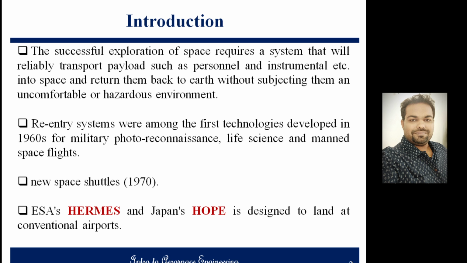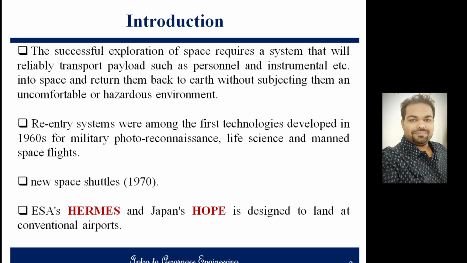The Hermes project was first started by the French national space agency in 1975. Later, it was taken over by the European Space Agency. It was designed with the consideration that space travel should be very easy and convenient: at any time, you can go to space, explore, and return back. In the coming future, this will come into effect.